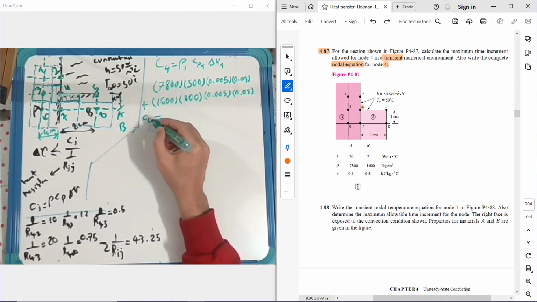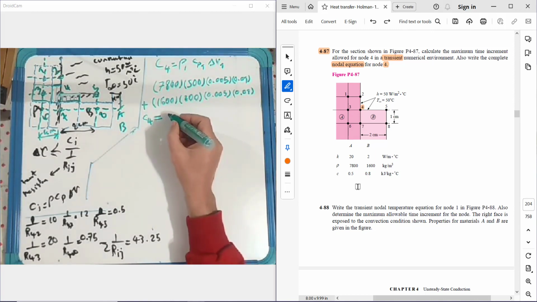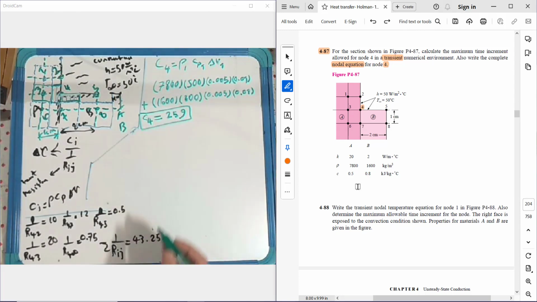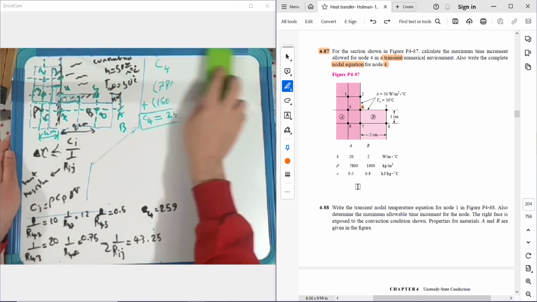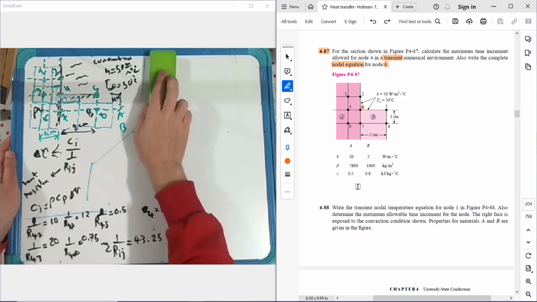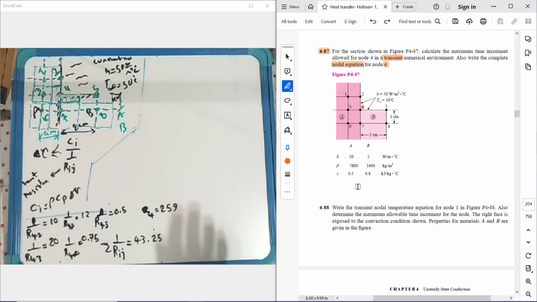C4 would be 259. Okay, so I will write it here, C4 259. I'm nearly done, but not completely.